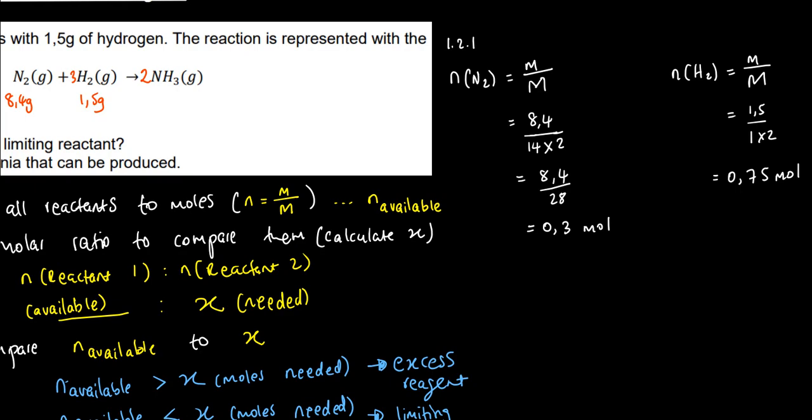You go to the second step. You need to do the molar ratio. So you're going to say number of moles of the first reactant is to number of moles of the second. In this case, we're dealing with nitrogen and hydrogen. So we're going to say number of moles of nitrogen is to the number of moles of hydrogen. What is their ratio? The ratio is found on the reaction.